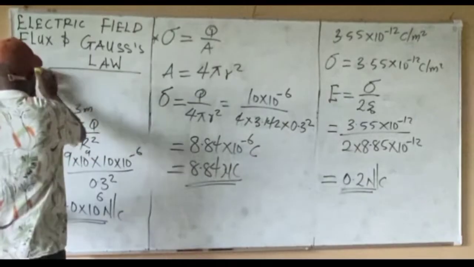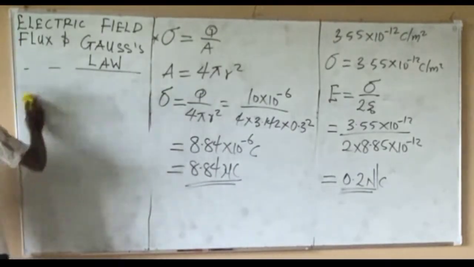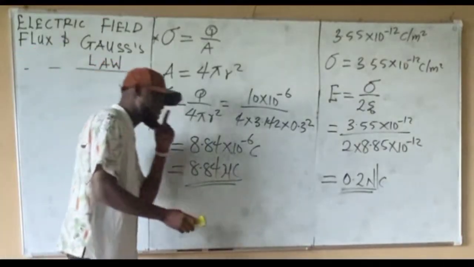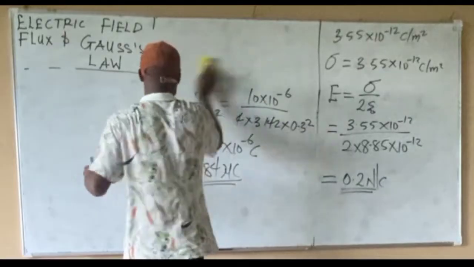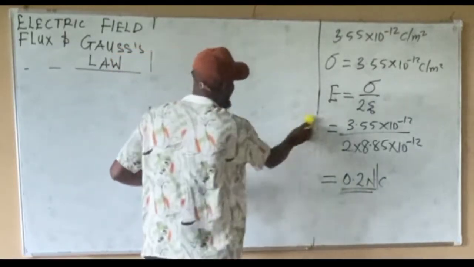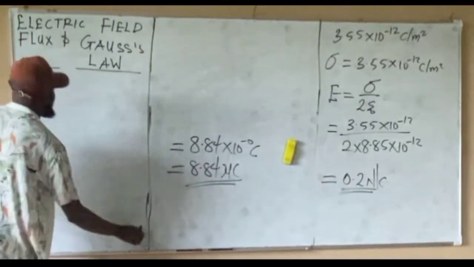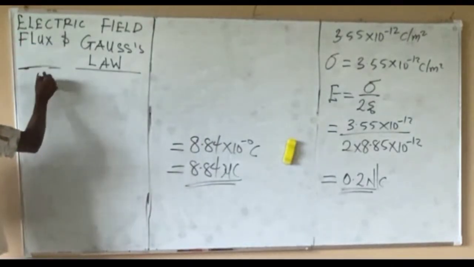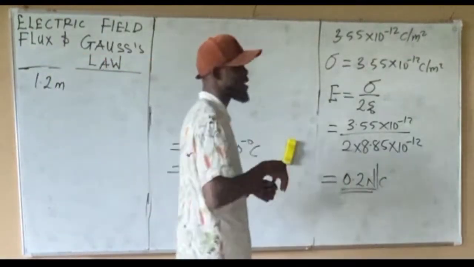Next question. A uniform charged conducting sphere. Take note of the name of the material, that is very important. A uniform charged conducting sphere of 1.2 meters diameter.